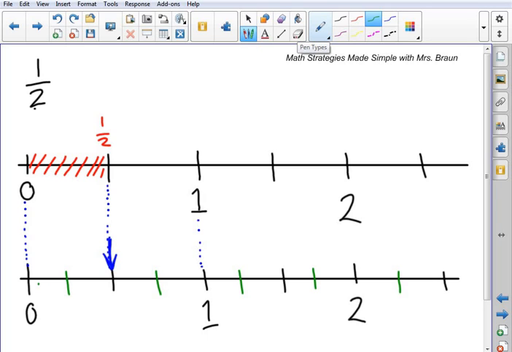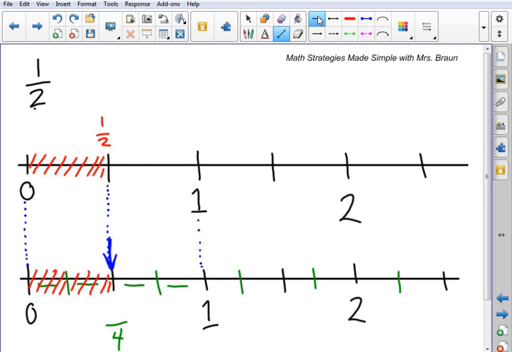So there's 1, 2, 3, 4 equal pieces, so that tells me my denominator is going to be 4. But I'm looking at these 2 pieces right here because that's what it takes to line up with the 1/2. So 2/4 is equivalent to 1/2.